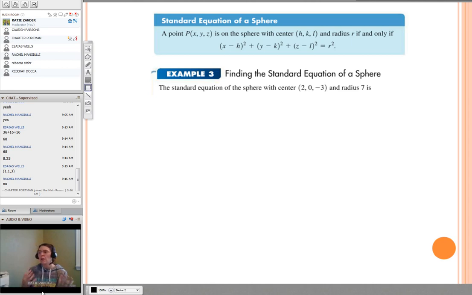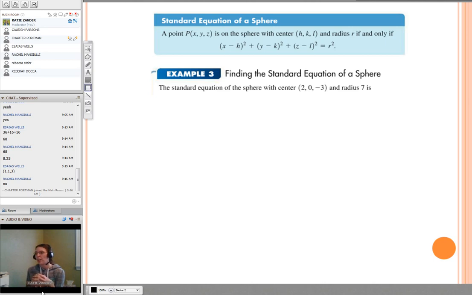A sphere classifies as a three-dimensional object, so we need x, y, and z for the equation of it. Even though we explore the volume and the area for a sphere back in geometry days, we can't explore how to write the equation until we get here and understand our three-dimensional system.